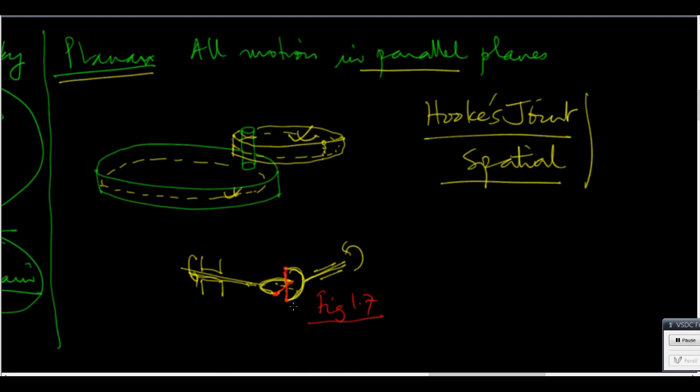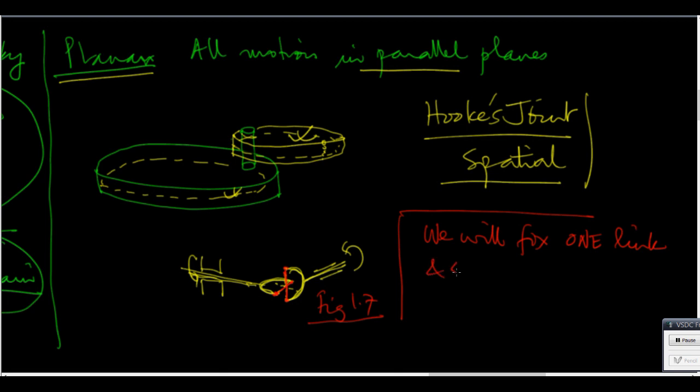Okay. Now, a constrained kinematic chain has a single degree of freedom, by which we mean that usually what we will do is we will fix one link and see relative motions. This is what we will usually do. Okay, so if I have this linkage, now the whole thing can fly through space.